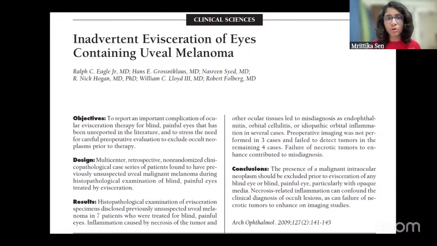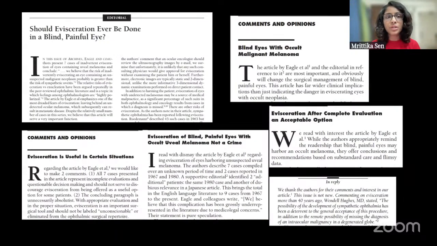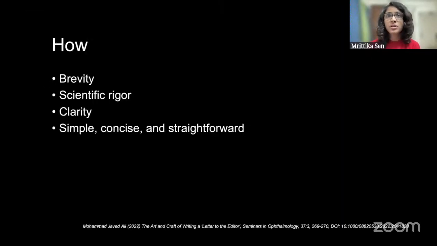But what followed was multiple communications, letters, and comments regarding this article, including editorials as well as certain responses. So this included over 8 to 9 articles which followed one single article. That is the power of a letter to an editor and the dialogue that it can entail and lead to better understanding of a concept.